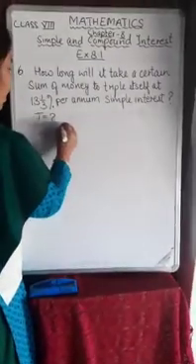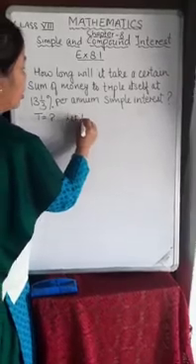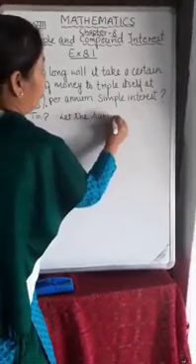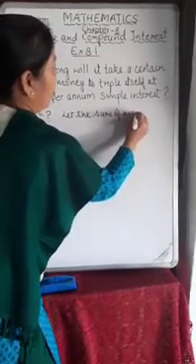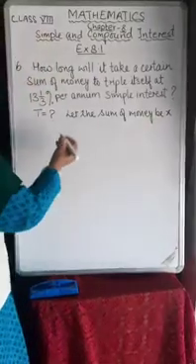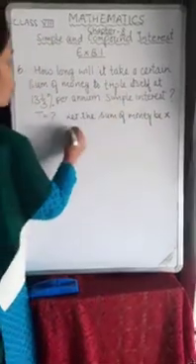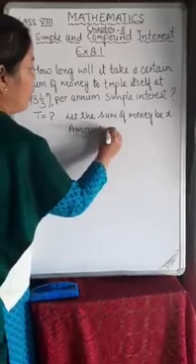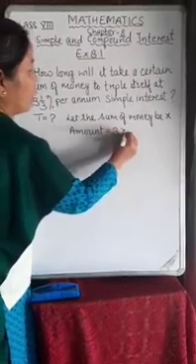So we'll take, let the sum of money be X. Now because it is becoming triple, so amount is equal to triple of it, means 3x.